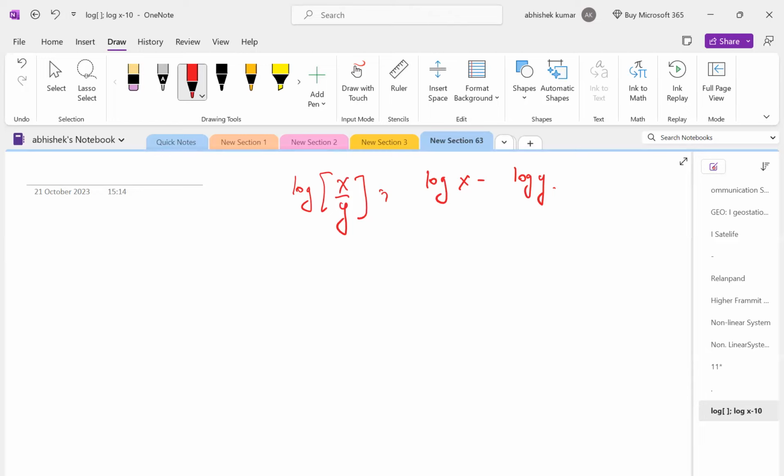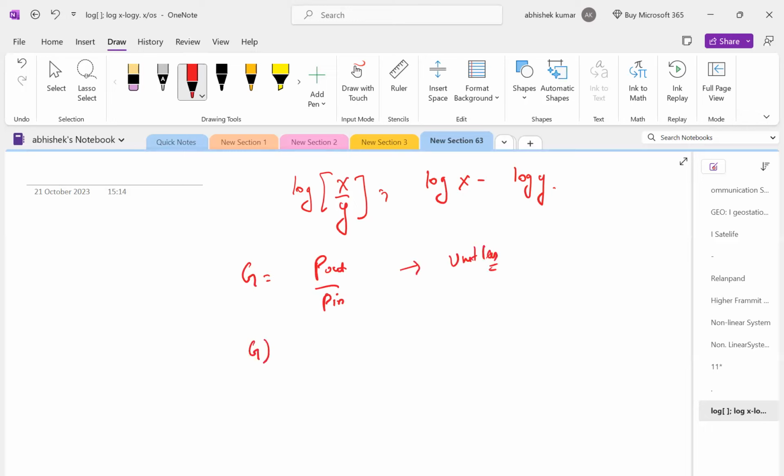I'm giving you the formula for your gain. Your gain is P output by P in, right? This gain is not in dB. It is in normal unitless terms. This formula is for unitless terms.